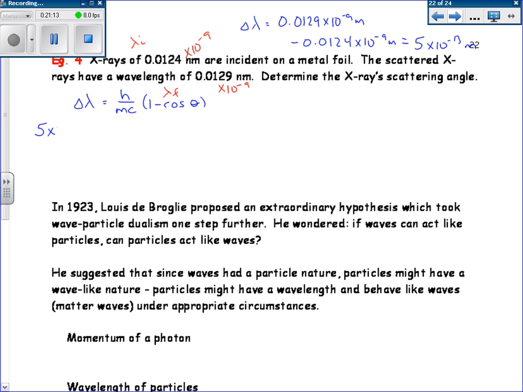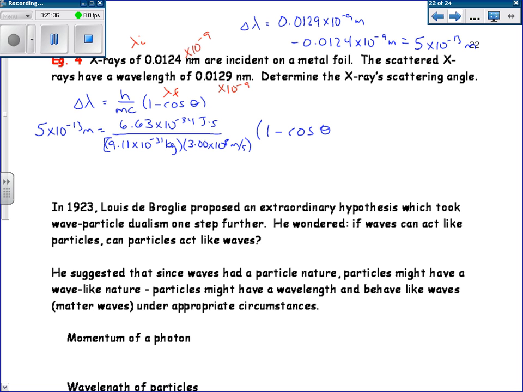5 times 10 to the negative 13 meters is equal to 6.63 times 10 to the negative 34 joule seconds divided by 9.11 times 10 to the negative 31 kilograms times 3.00 times 10 to the 8 meters per second, times 1 minus cos theta. So 1 minus cos theta is going to be equal to that 5 times 10 to the negative 13 divided by that whole expression.